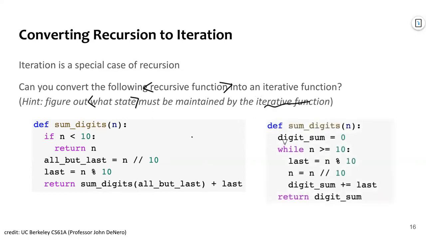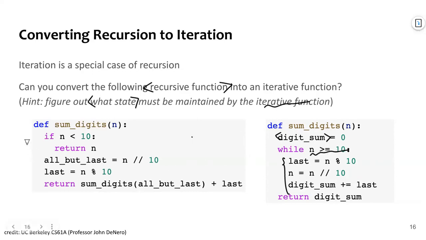So the answer might be this one. We need to keep the state of the digit sum, right? And we need to do this job again and again while n is larger than 10.